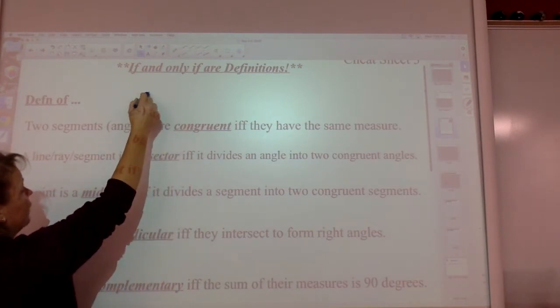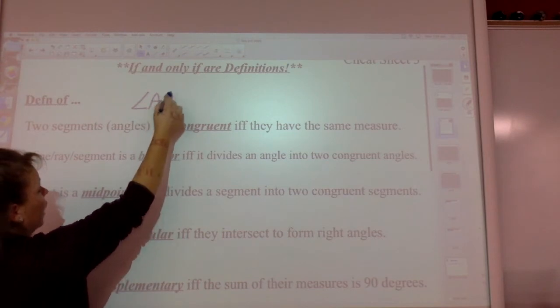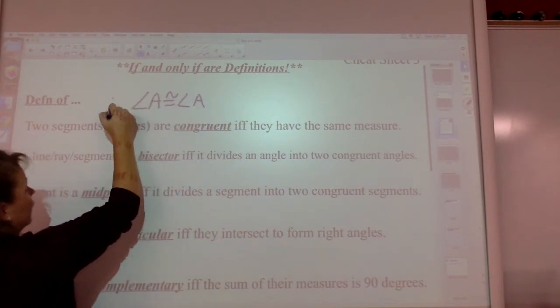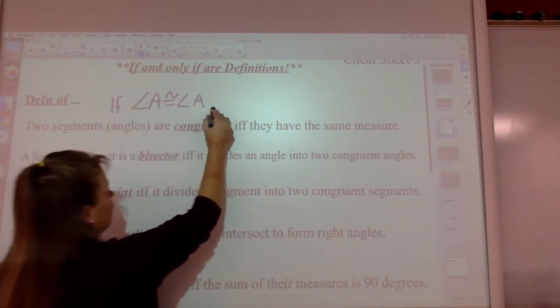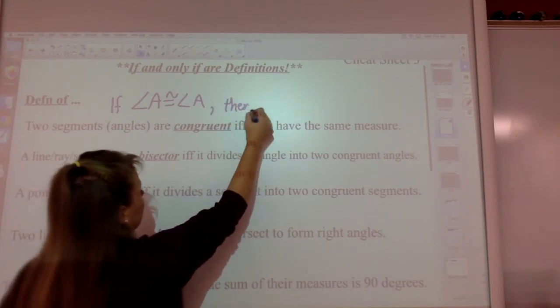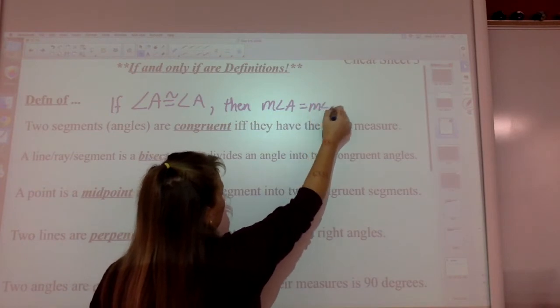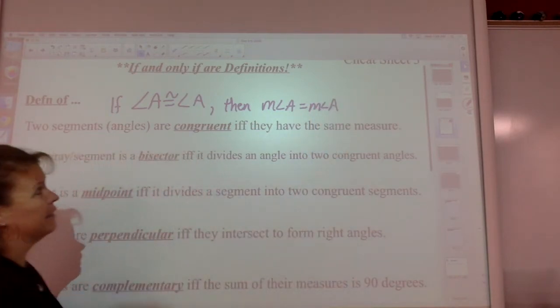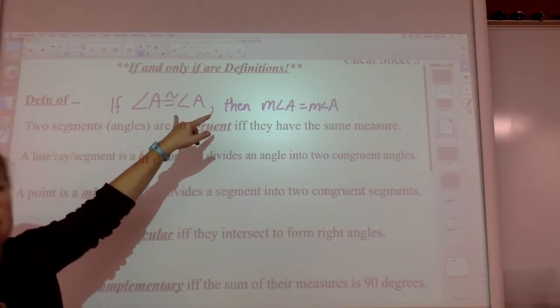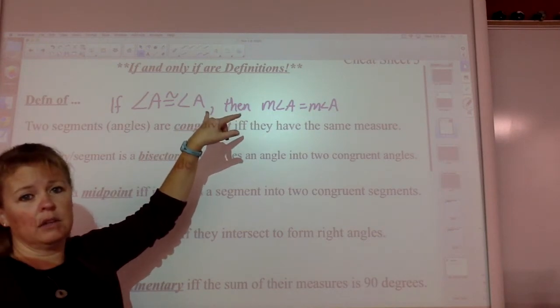So if angle A is congruent to angle B, then the measure of angle A equals the measure of angle B. That's a technicality, but it is a legitimate, real technicality in geometry.